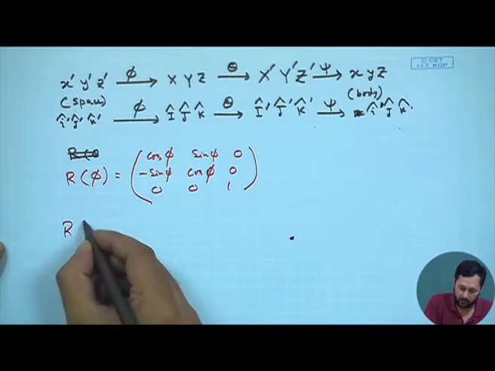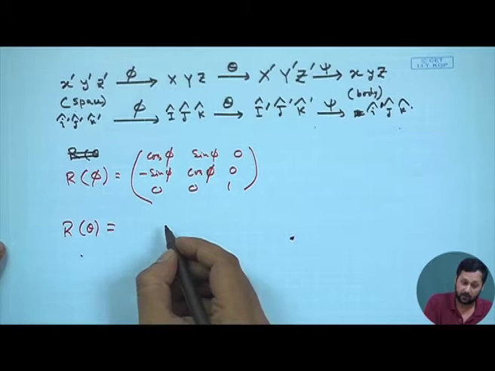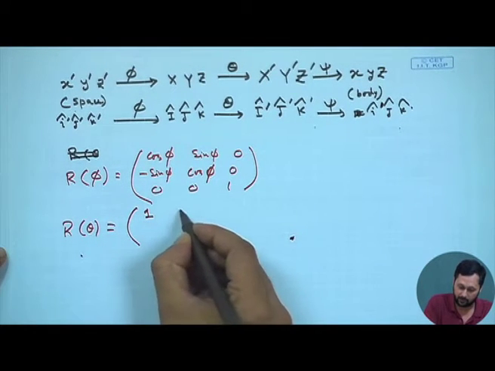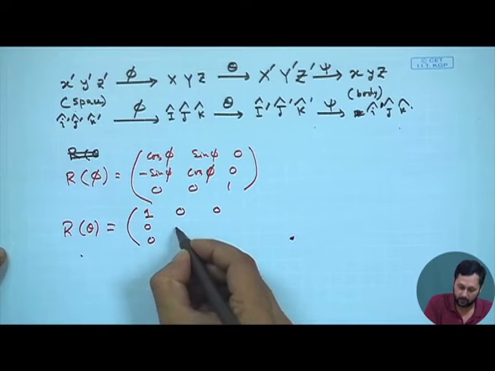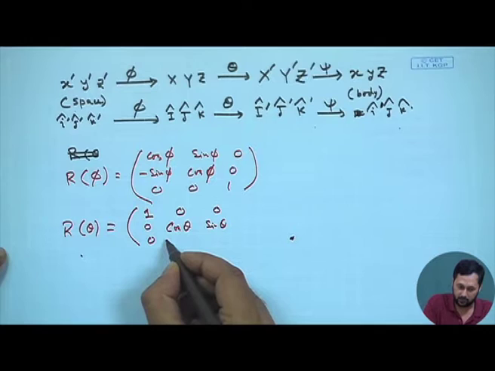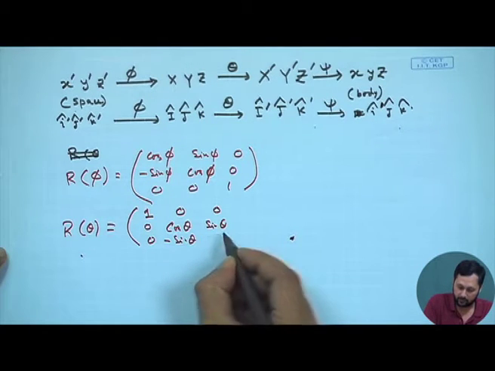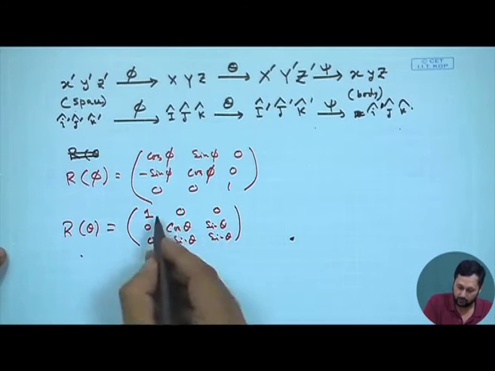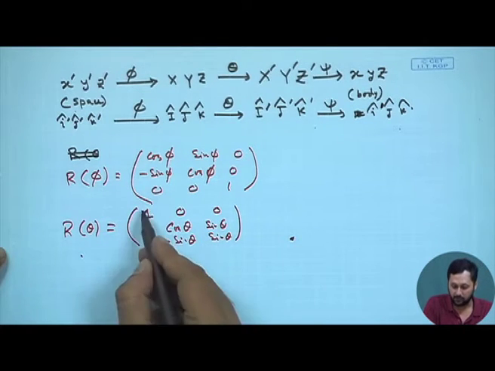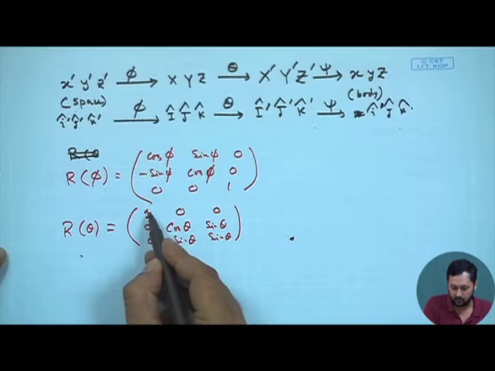Similarly R theta, which is about the x axis. So, the x axis remains invariant, and we have cos theta, sin theta, minus sin theta, cos theta. You have 0, 0 and 0, 0 here and 1 in the diagonal term. That means this direction is invariant.